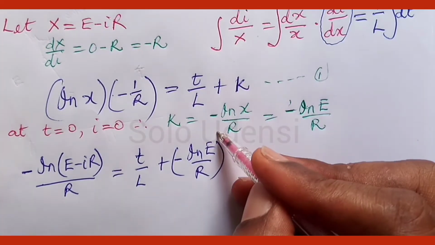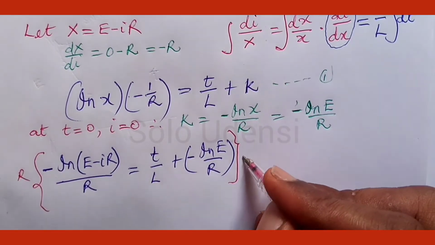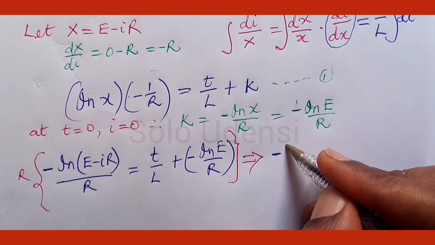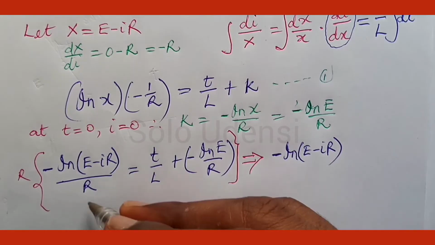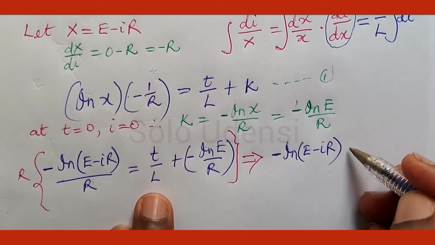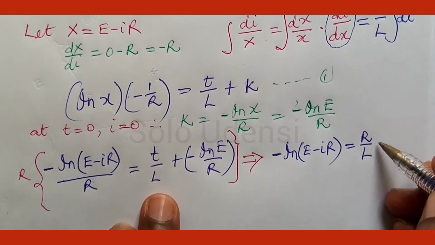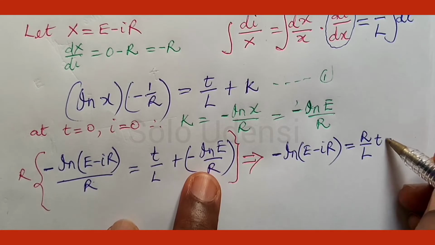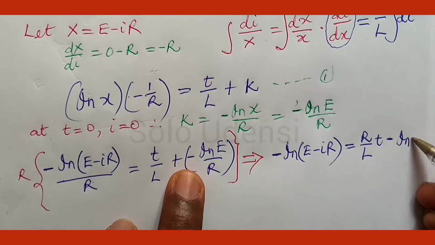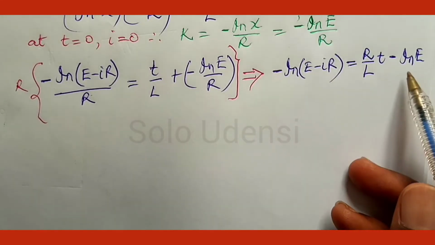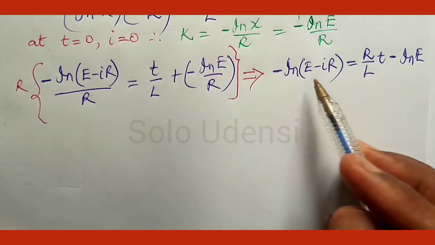If we multiply through by r, we'll get minus log E minus IR for this one. This one will be equal to R over L times time minus log E. From here we can bring this one over here, and bring this one over here.